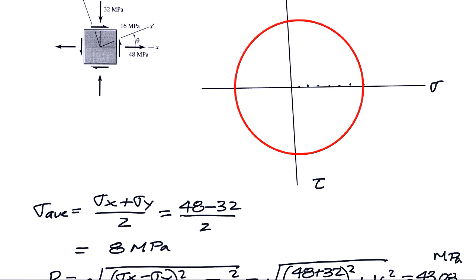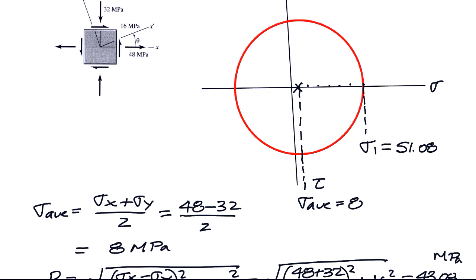The important thing is that we have the center there at 8. So the center here is at sigma average, which is 8. The largest principal stress, sigma 1, 51.08 megapascals.